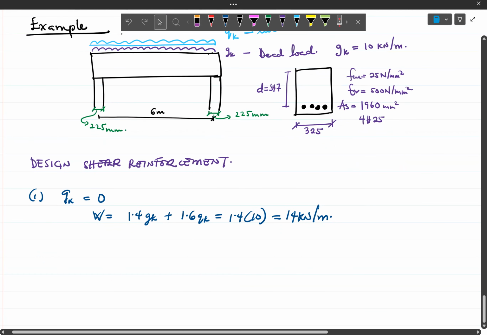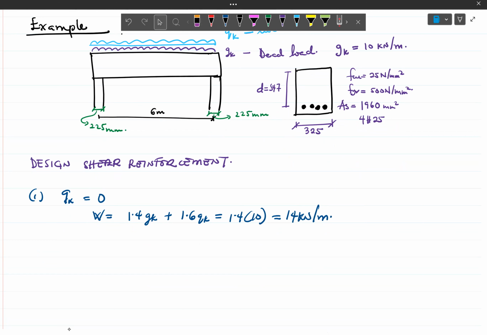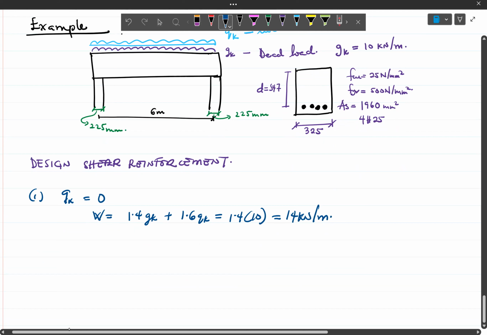And this is a simply supported beam. Okay, so if you take your beam, I'm having a hard time trying to get the span to work.